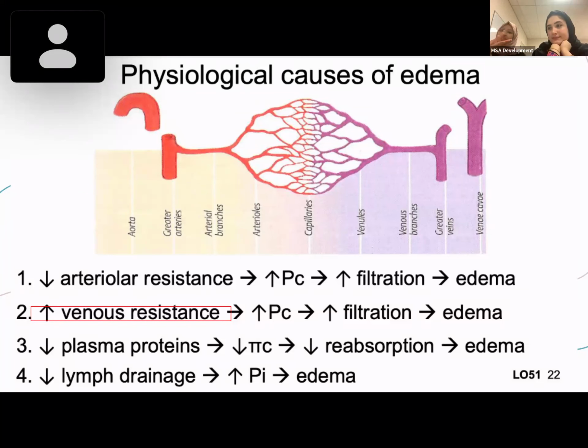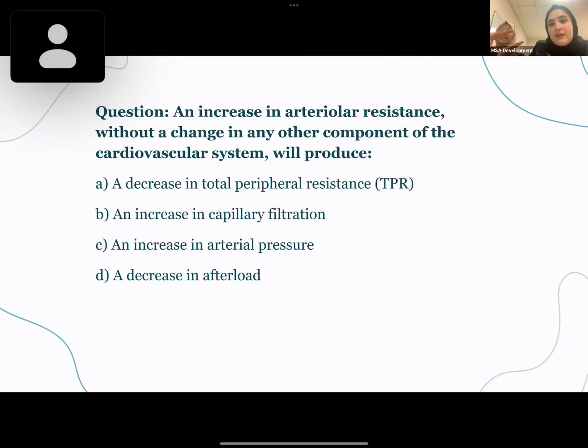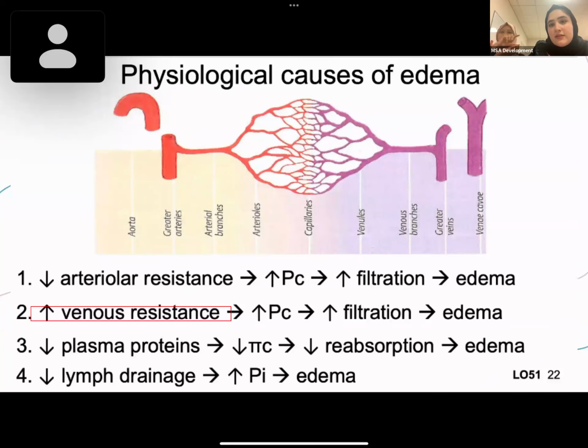That pushes blood back into the capillaries, it doesn't let the blood go from the capillaries to the veins, to the rest of the body. So the blood is stuck in the capillaries, kind of. You can think of it that way. So this causes the hydrostatic pressure, like someone said, to increase, which causes filtration and edema. Is that clear for everyone, what I meant by that?